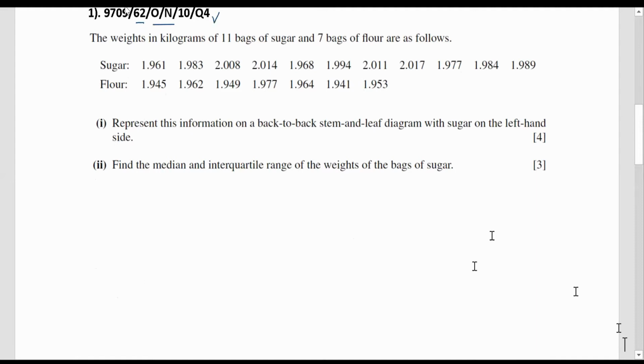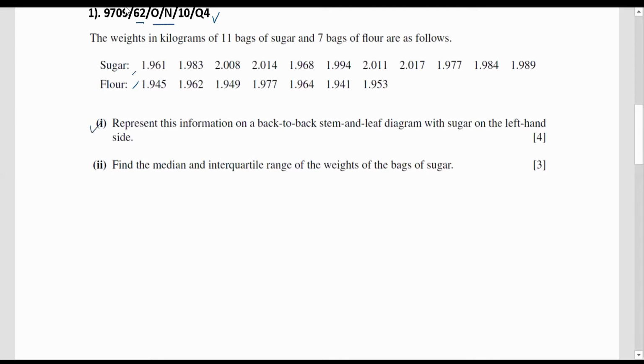The weight in kilograms of 11 bags of sugar and 7 bags of flour are as follows. Okay, the data are given. Part 1. Represent this information on a back-to-back stem and leaf diagram with sugar on the left-hand side.